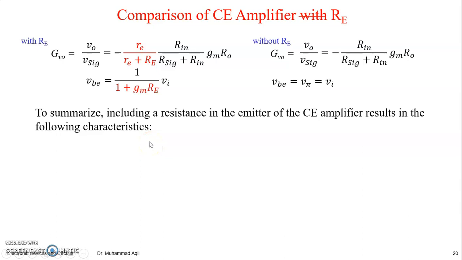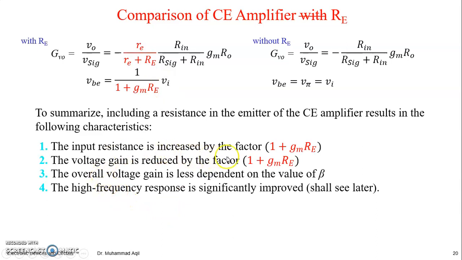The disadvantage seen is that it reduces the gain by this much. Why? Because it can see only this part of Vi, not the whole Vi. Now, the input resistance is increased by the factor 1 plus GMRE. This is the advantage. You want your stage to have very high input resistance, and now your resistance is very high.